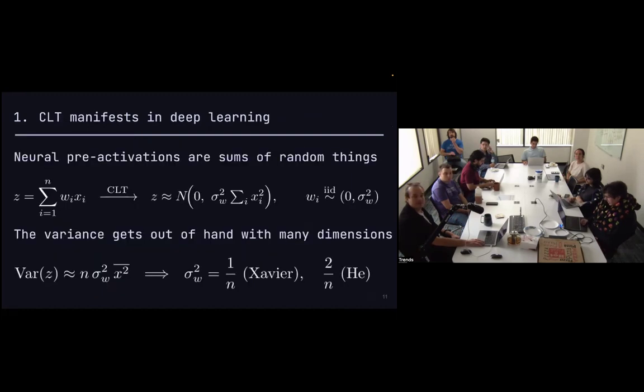So the central limit theorem is a thing that's spoken up in many real life examples. I guess if you ever trained a deep learning model, you know that we initialize weights in those models using some random distribution. And the central limit theorem also manifests itself here.